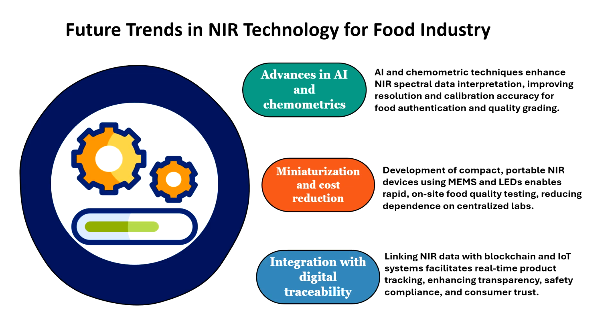Future trends in NIR technology for food industry. Advances in AI and chemometrics enhance NIR spectral data interpretation, improving the resolution and calibration accuracy for food authentication and quality grading. Development of compact portable NIR devices including MEMS and LEDs enable rapid on-site food quality testing, reducing the dependence on centralized labs.